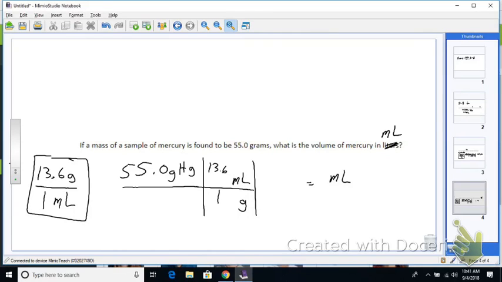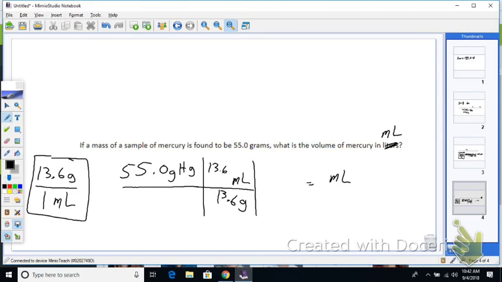Grams. So this should be 13.6 down here, and up above I should have what? 1 milliliter, right? So up here I should have 1, because you have to make sure you put the units and the numbers that go together. It's just flipped upside down because we need to cancel out grams to get milliliters. So we just divide by 13.6 and get our answer.